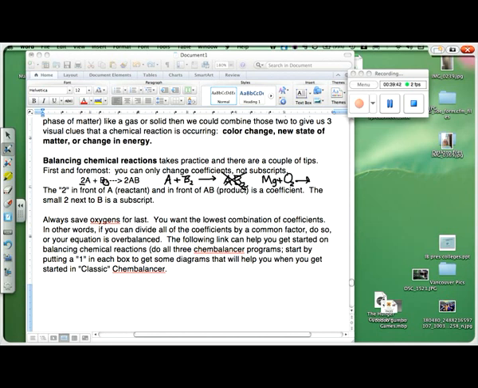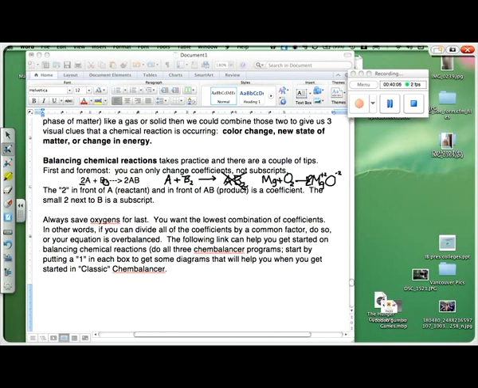think about the charges, because this is a metal and a non-metal. Okay, so we go back, that never goes away. So magnesium is +2 and oxygen is -2. So MgO would be the right formula for magnesium oxide, but in order to balance this chemical reaction, I need to put coefficients in front.